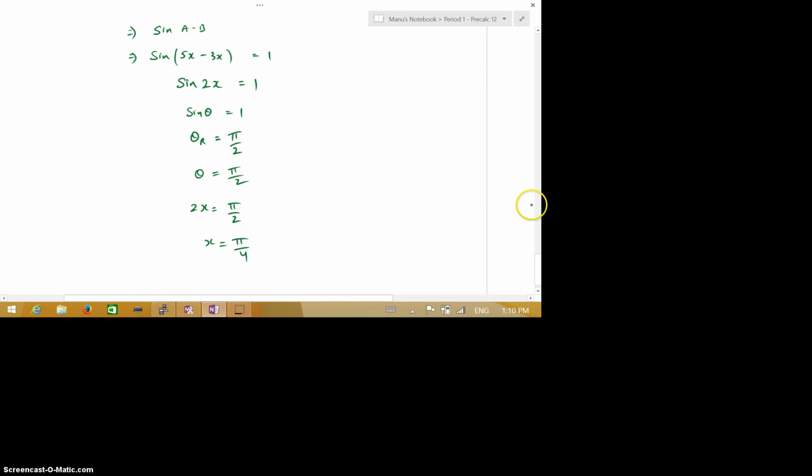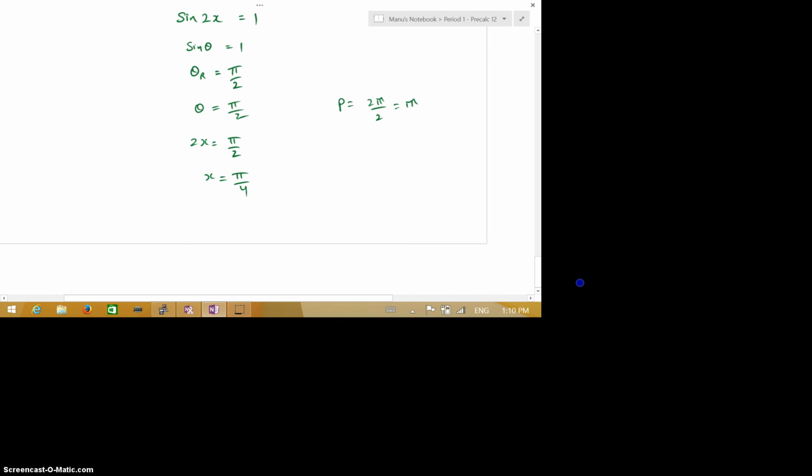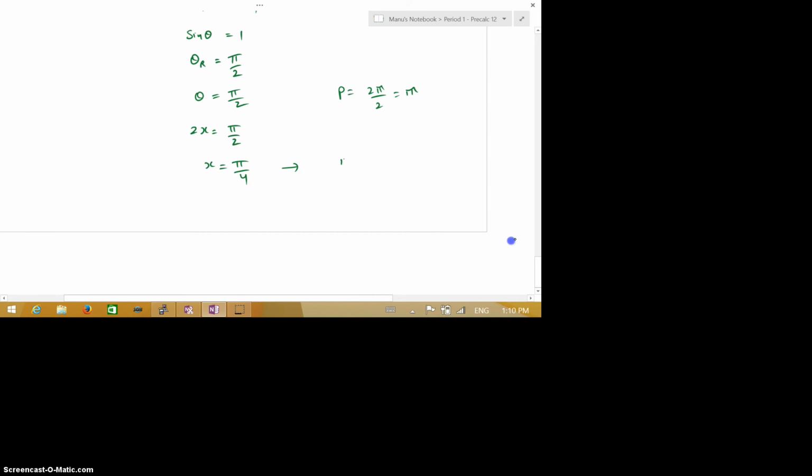So to find the other solution, I'll look at the period. The period is going to be 2 pi divided by 2, which is pi. So the general solution of this is pi over 4 plus pi k. And then now I can find other possible solutions in our given domain. So when k equals 1, I'll get pi over 4 plus pi, which is equivalent to 5 pi over 4, which is also in our domain.